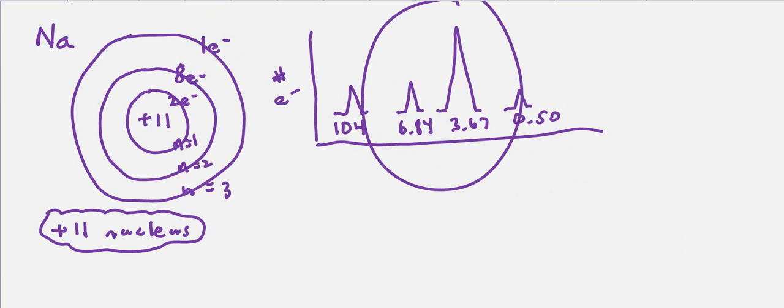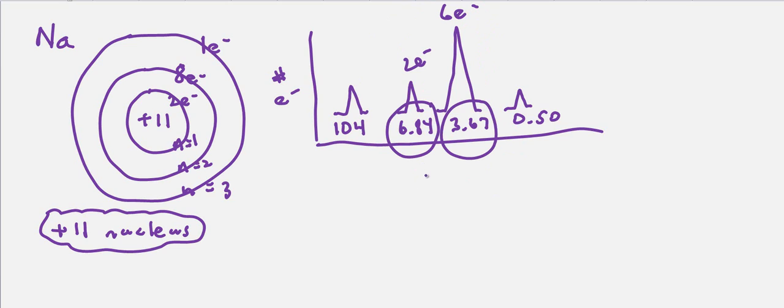We see 2 peaks remaining. The first peak is 2 electrons high, and this is triple the height, which would be indicative it represents 6 electrons. Looking at the energy for each of these, they're not too far apart from one another, 6.84 and 3.67.